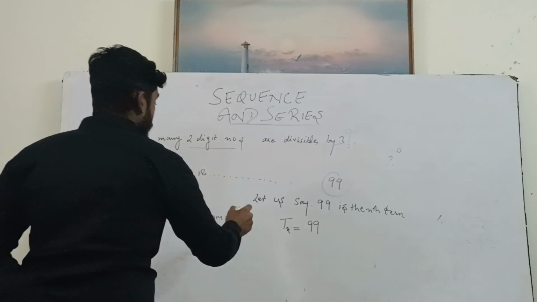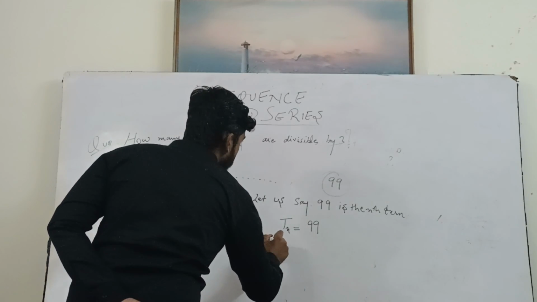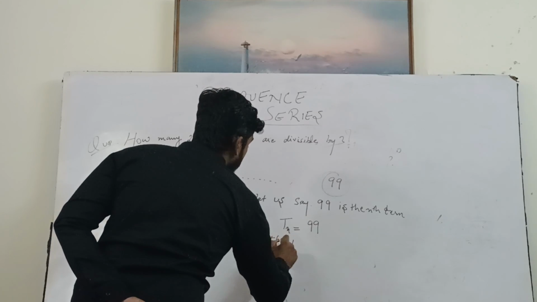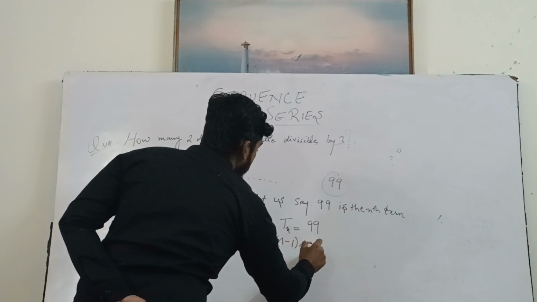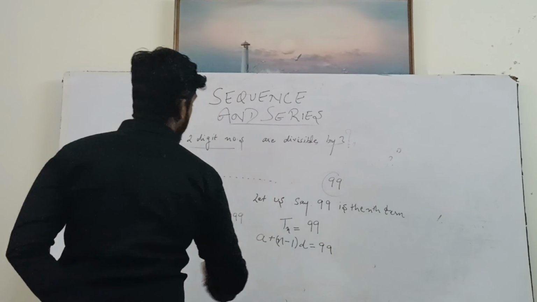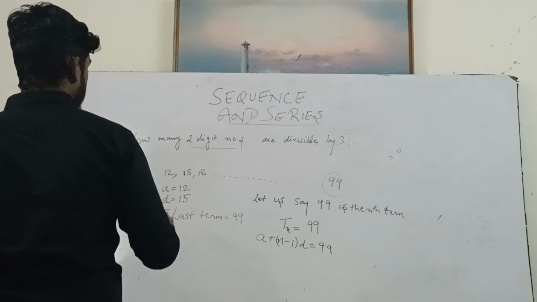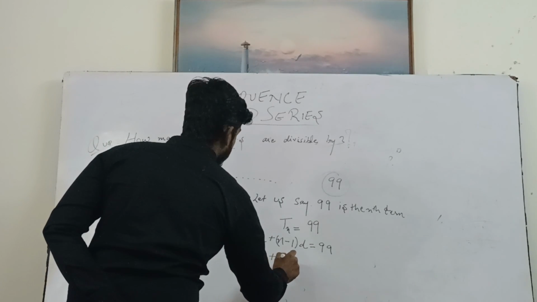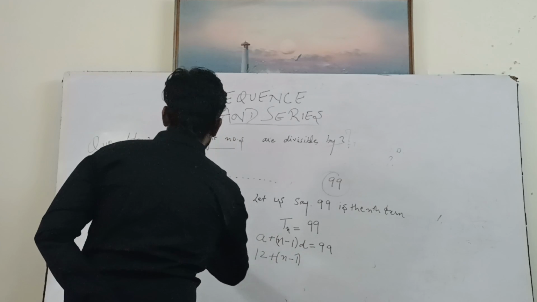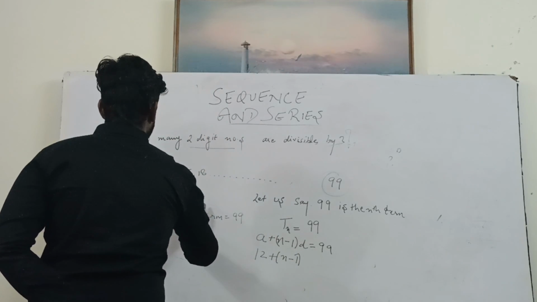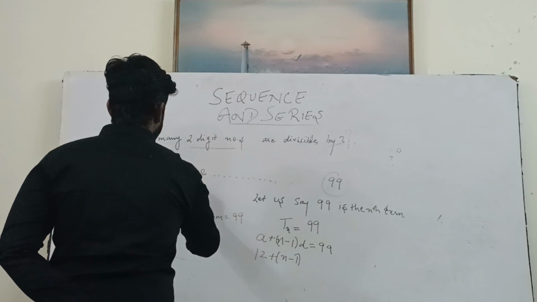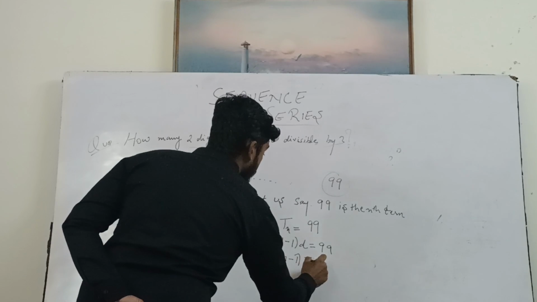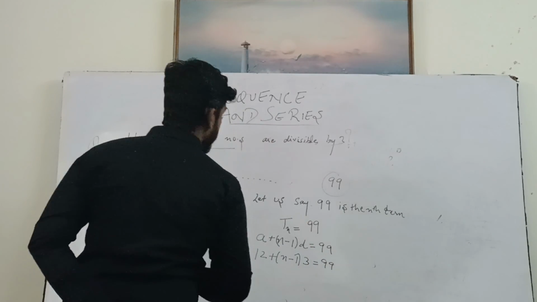So let's again do, in place of Tn I will write down a plus n minus 1 into d is equal to 99. Now a is 12 plus n minus 1. अच्छा, d would be 3. 15 minus 12, 18 minus 15, is equal to 99.